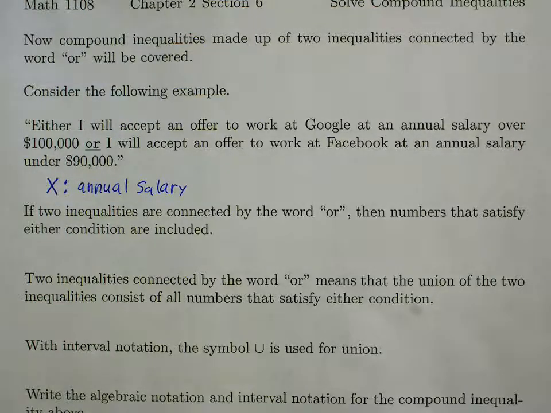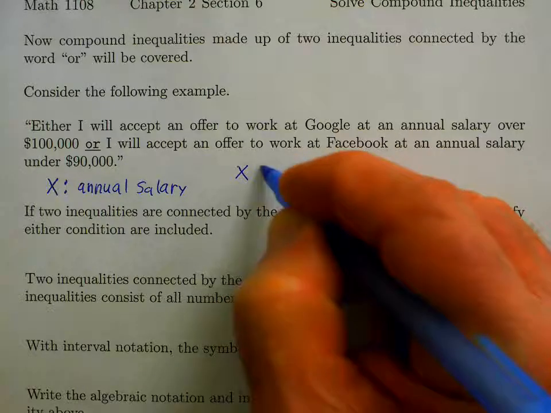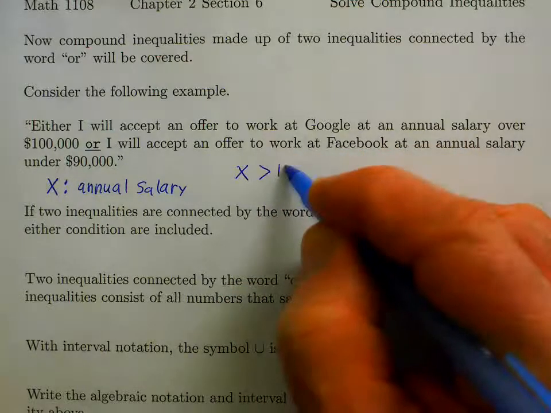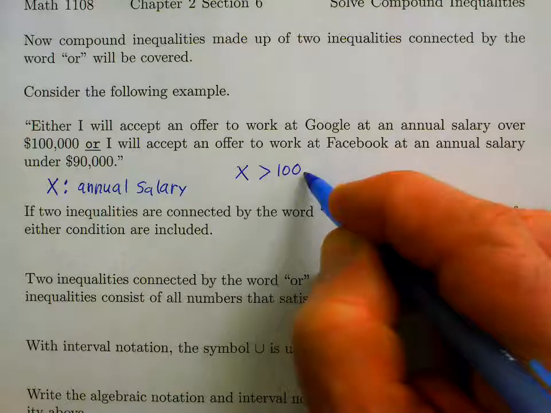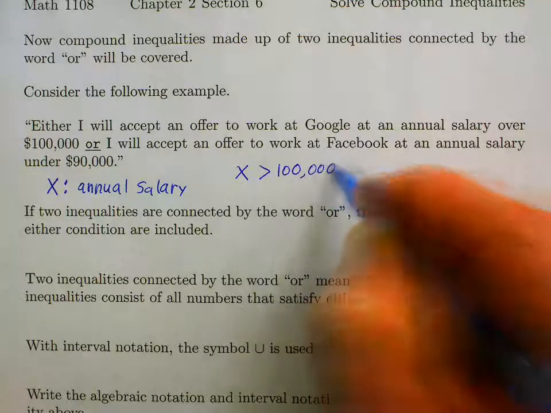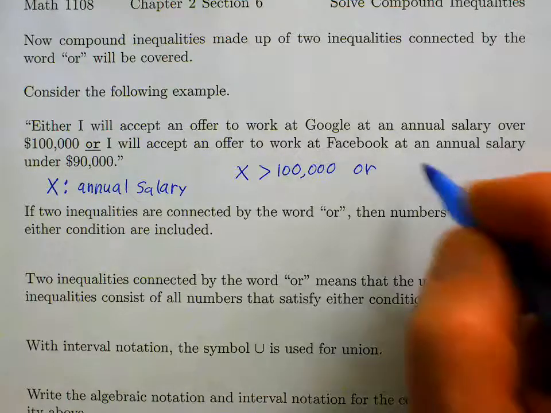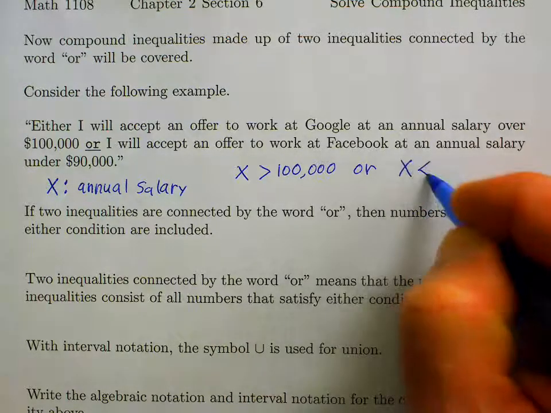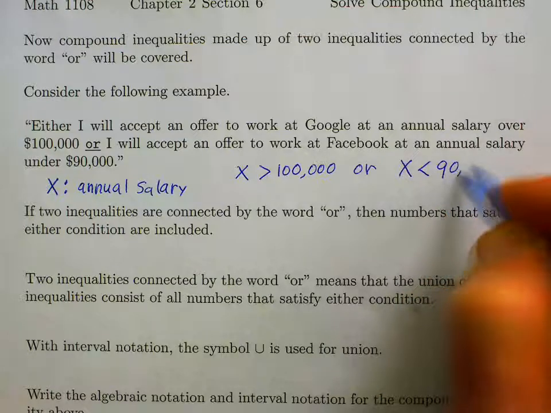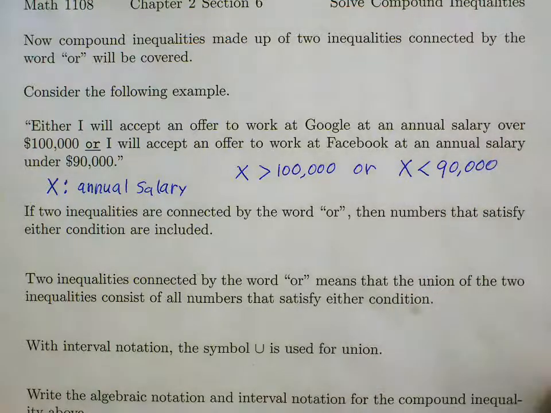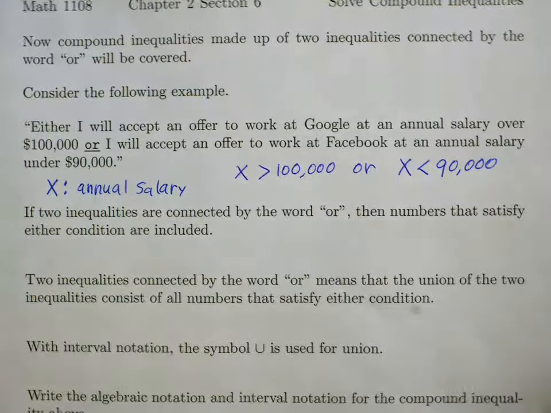So his salary will either be over $100,000, I'll just write x is greater than 100,000, or the other job, the salary will be under 90,000. So, or x is less than 90,000. One or the other.